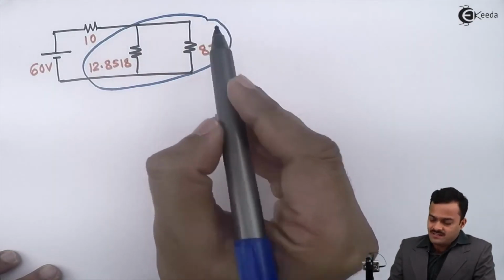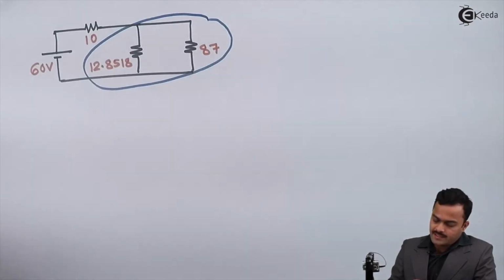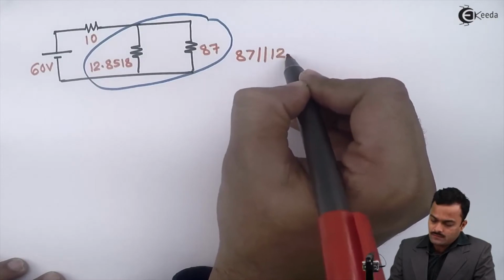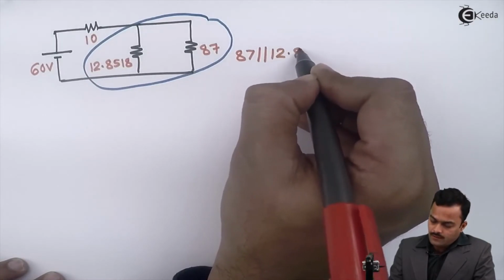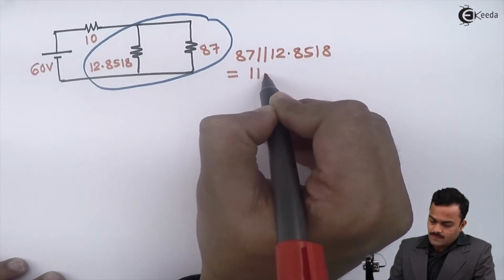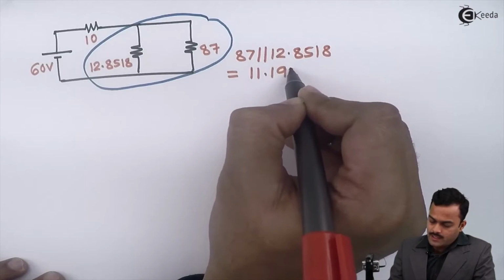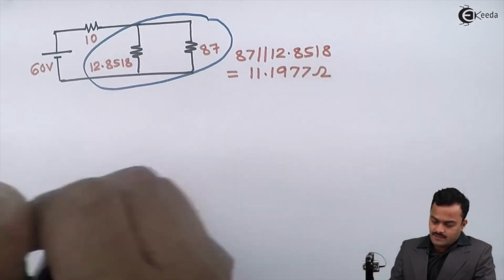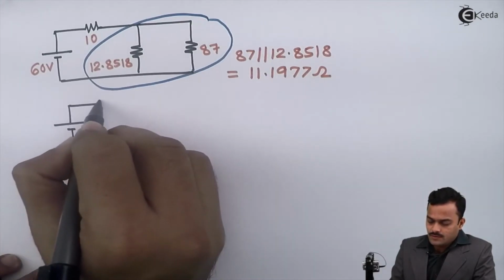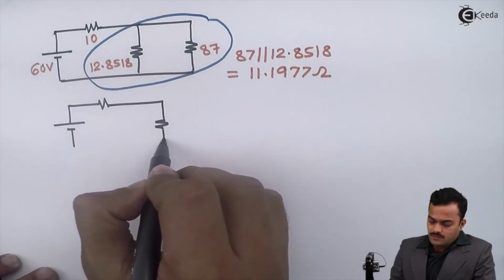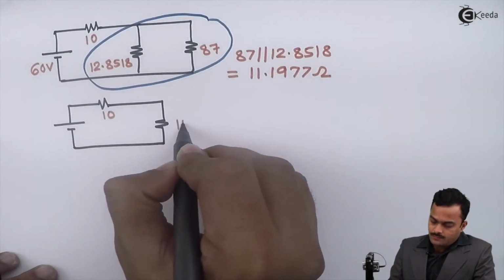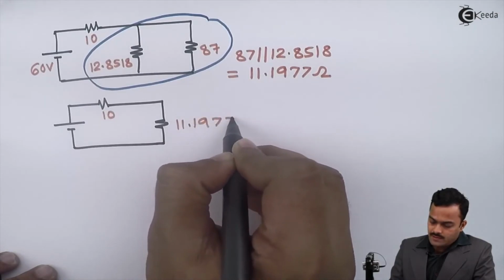These two will come in parallel, so the equivalent I will get 87 parallel with 12.8518, you will get an answer 11.1977. And now the circuit will be like this: a battery of 60 volt, 10 ohm resistor in series with this 11.1977 ohm.